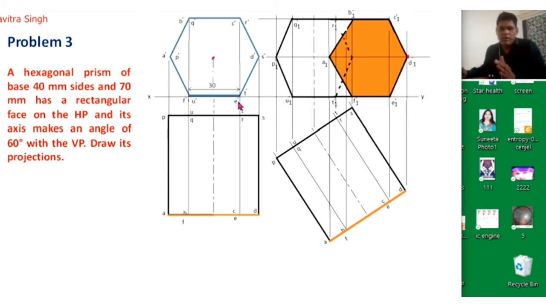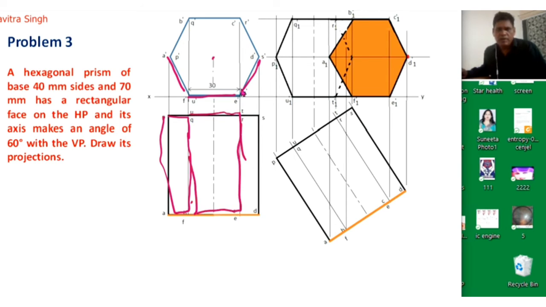Okay, so when we see this from the top, we can see this surface, and this surface, and this surface, and this surface will be on the back side. That's why we will draw this surface. So this is this surface, this one. Okay, and this surface will be this one.